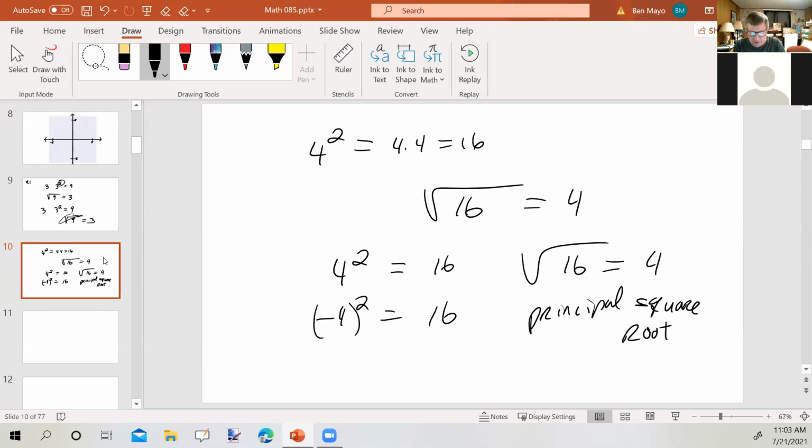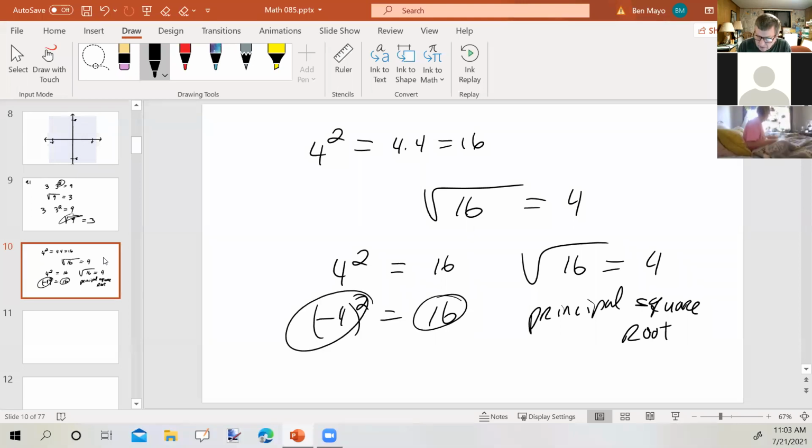Likewise, if on your calculator you take the square root of 16, you only get the positive root, okay? So even though -4, the quantity squared is 16, when we take the square root of 16, we just get 4, which is the positive or principal square root. All right, any questions about that?